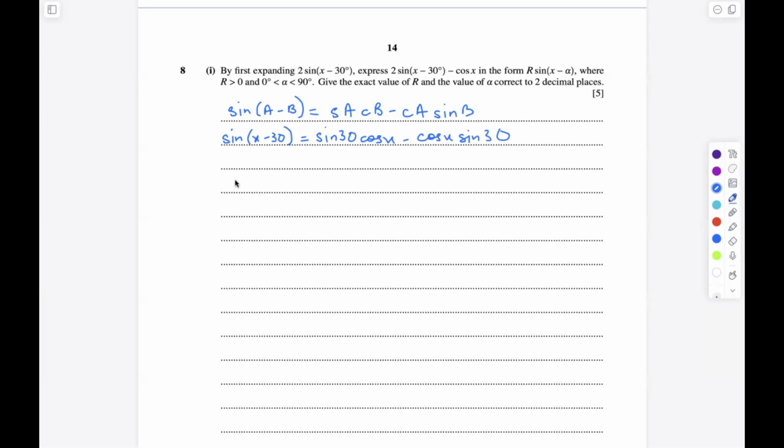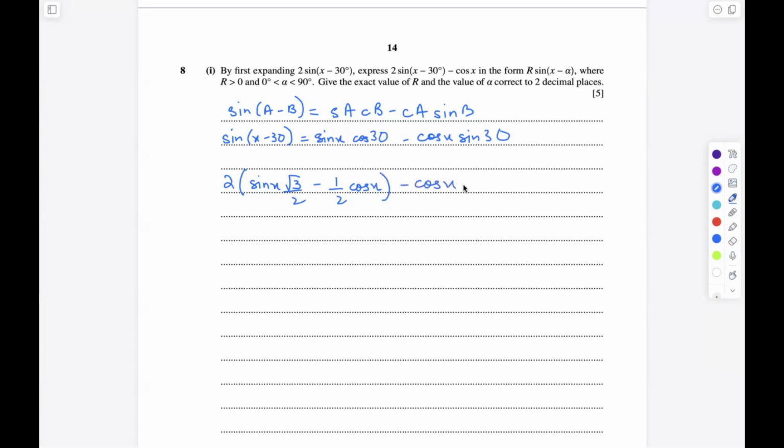Now multiplying this by 2, we know that cos 30 is root 3 upon 2. So this will become sine x times root 3 upon 2 minus cos x times sine 30, and sine 30 is half.